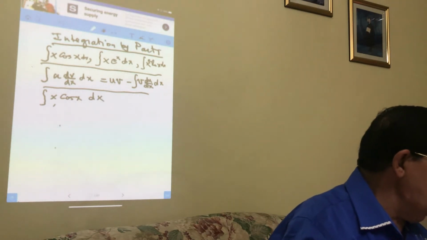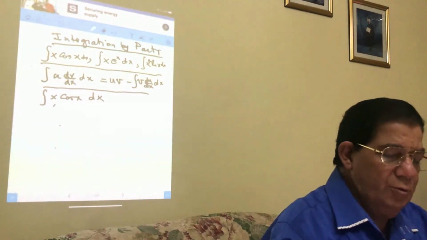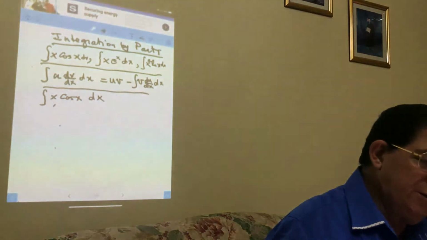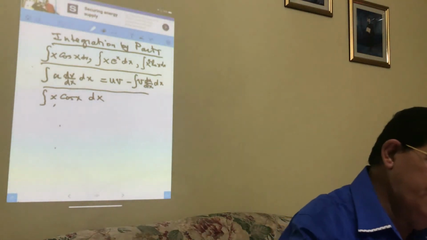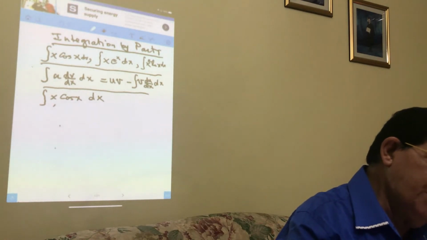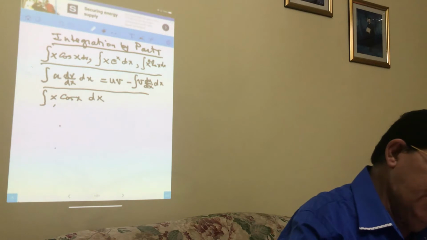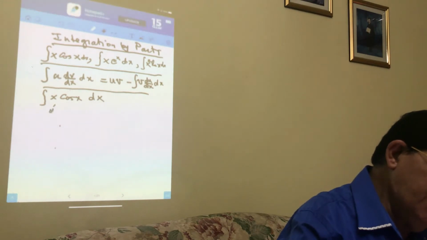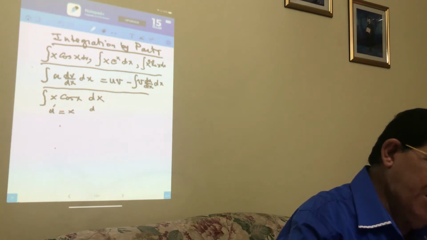We are going to tailor the problem to the rule, which means u is x and dv by dx is cosine x.